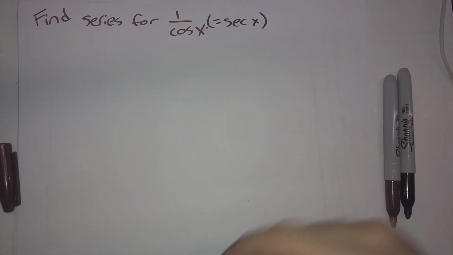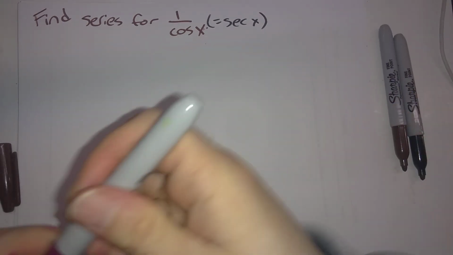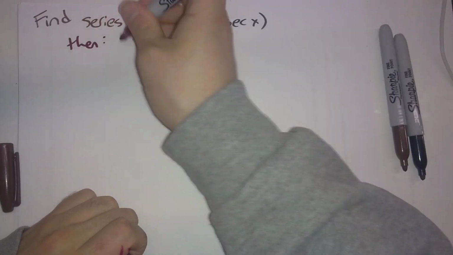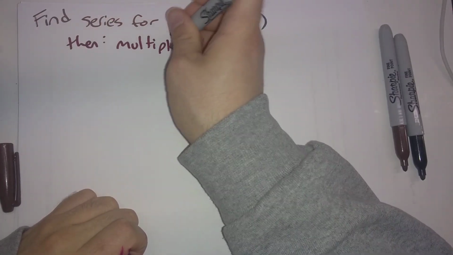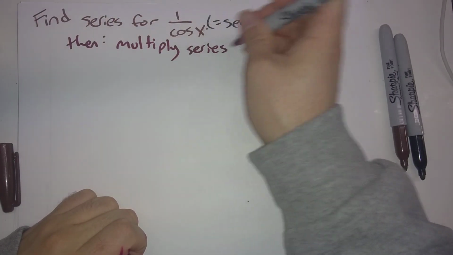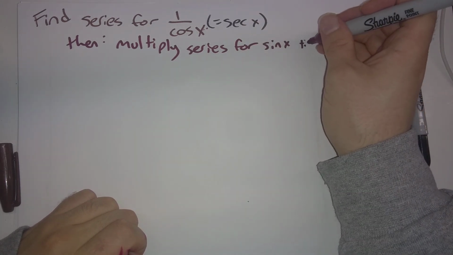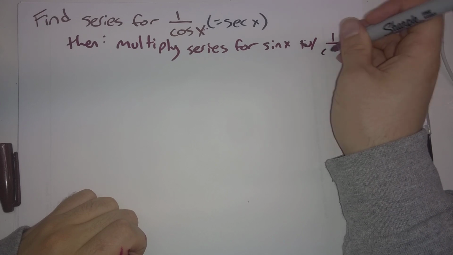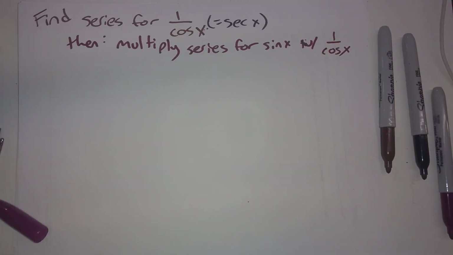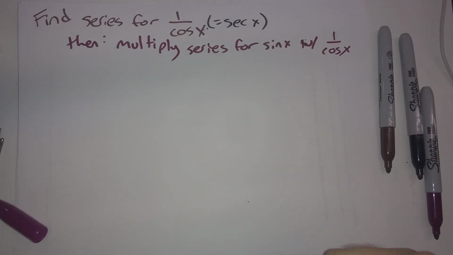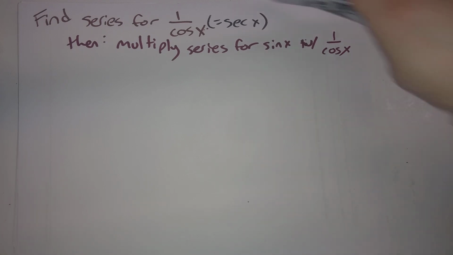And then once I find a series for 1 over cosine x, then multiply the series for sine x times the series for 1 over cosine x. So if dividing power series is something that we're unfamiliar with, multiplying two power series together to get the first, out to the x to the 5th terms or so, that is something that we should be familiar with.